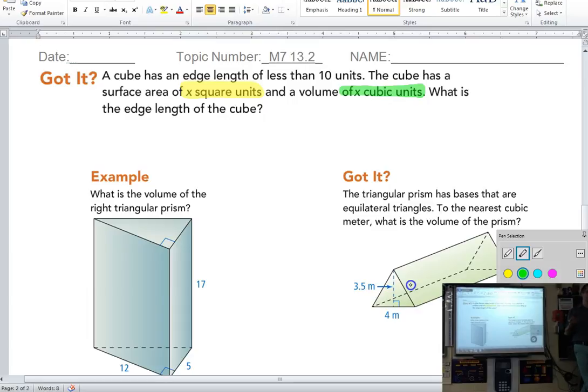volume and surface area are not the same type of values. Is anyone confused at what I'm really trying to say? Square units is how much flat space, cubic units is how much total three-dimensional space. Here, x and x are the same number, but they're not the same unit.